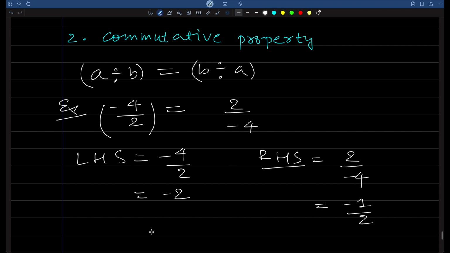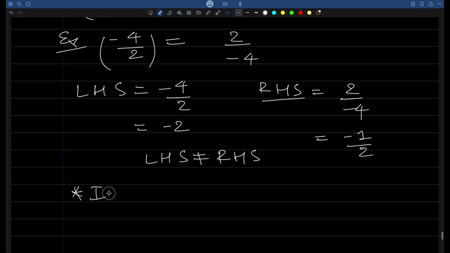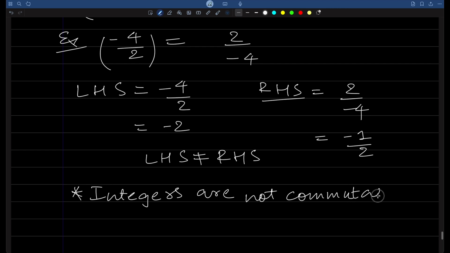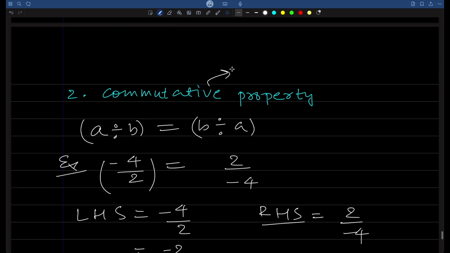So we got LHS not equals to RHS. Hence integers are not commutative for division. We can say that commutative property is not satisfied for division.